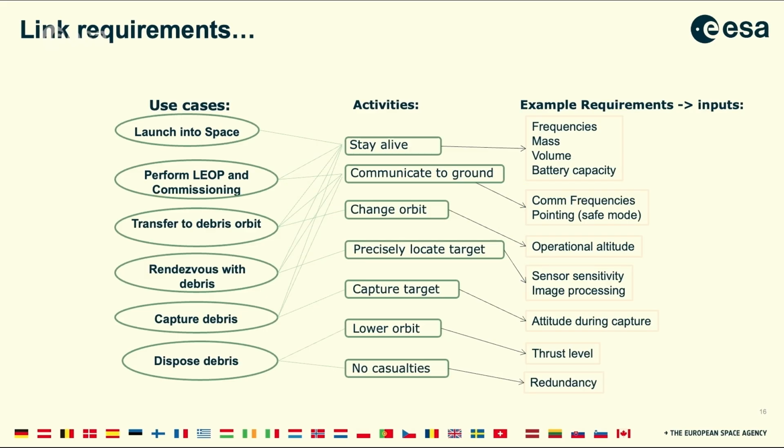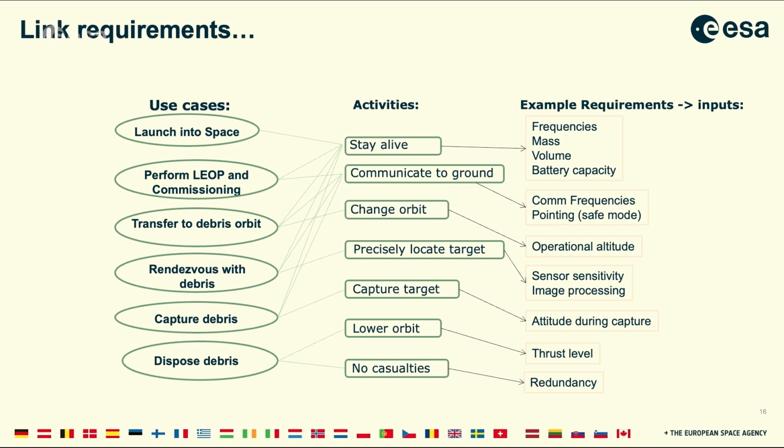Coming back then to our functional diagrams. Now we are in a position to create more requirements, maybe not just functional requirements, but also other requirements. Again, when we know that we are staying alive during a launch, we can easily create requirements coming from the actors, in this case the launcher.